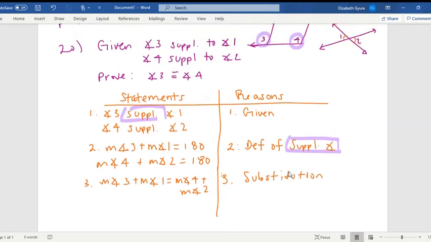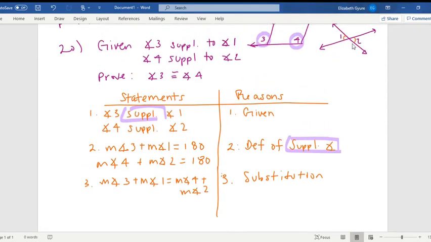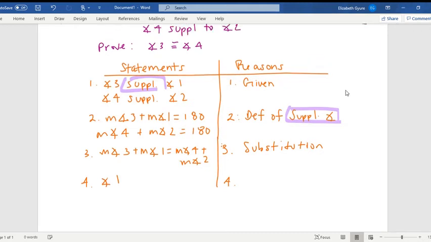I would go congruent first, then equal, just because your vertical angle theorem specifically states congruence. So we had our vertical angles up here, which we're allowed to use. We just have to explain why we're using them, right? So for step 4 here, we're going to say that angle 1 and 2, yeah.